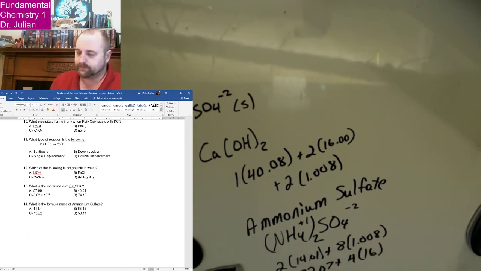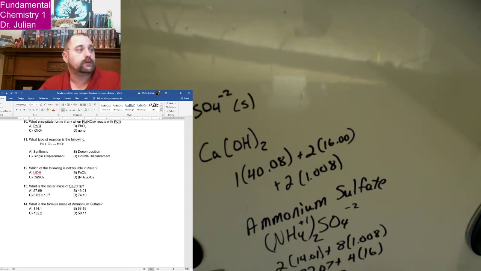Type all that in. I got my calculator. 132.154, so 132.2, that'd be C.